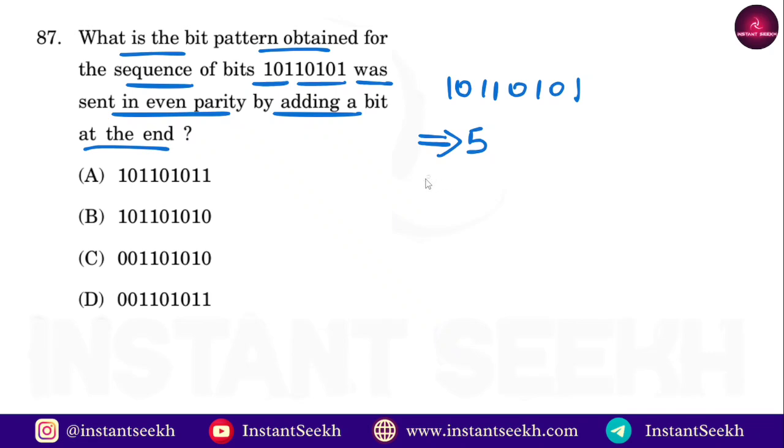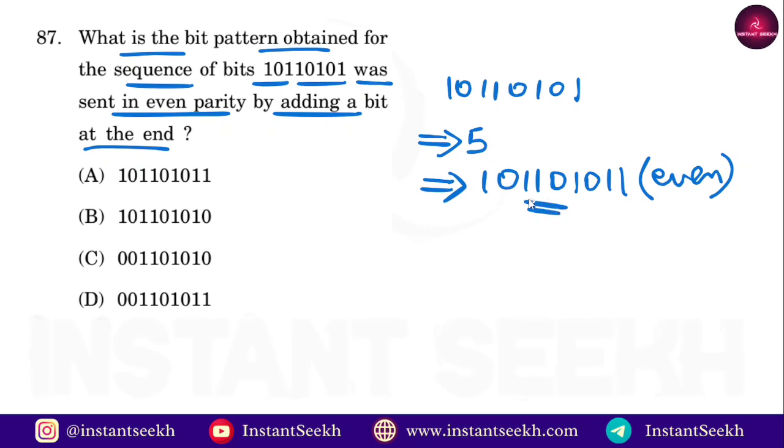So the new bit pattern will be 10110101, and at the end we have added 1 for making it an even parity. So this will be our pattern that was sent. Let's see which option matches this pattern. Option A matches, that is 10110101 and 1. So your right answer for this question is option A.